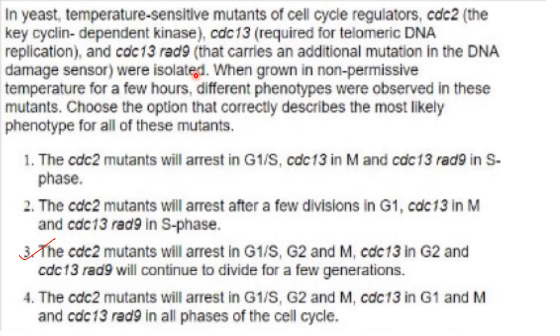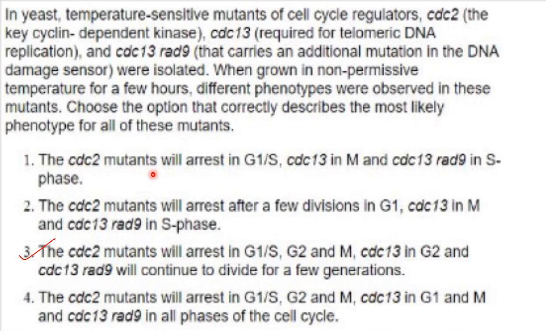When grown in non-permissive temperature, that is at higher temperatures, for a few hours, different phenotypes were observed in these mutants. Choose the option that correctly describes the most likely phenotype for all of these mutants.